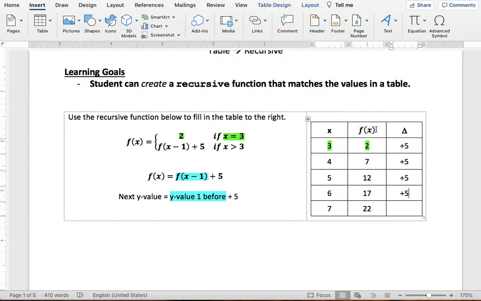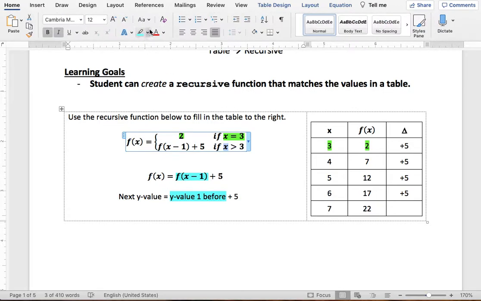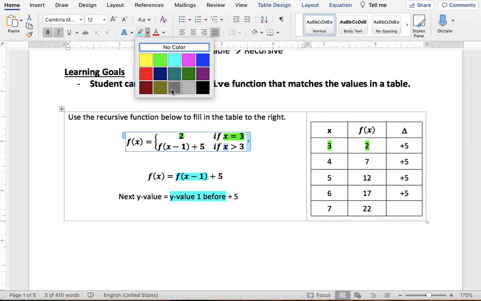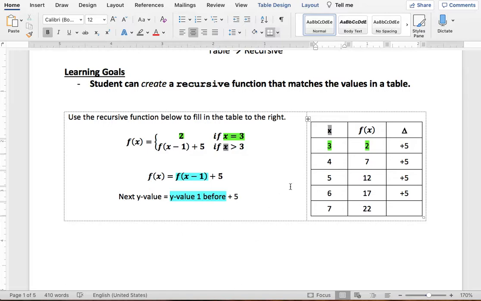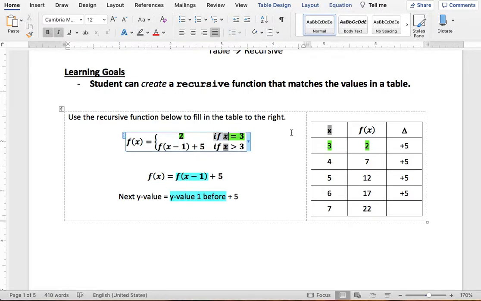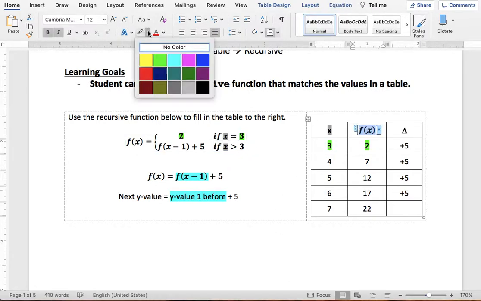Okay. So few things I want to show here. So one, this x right here matched the variable there. So let's highlight those in the same color. For this, I'm going to pick, let's say, brown. So that x in our table here matched the x's here. All right, this f of x, like we had said before, let's use yellow.